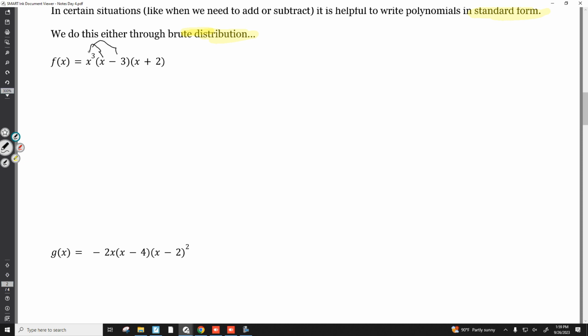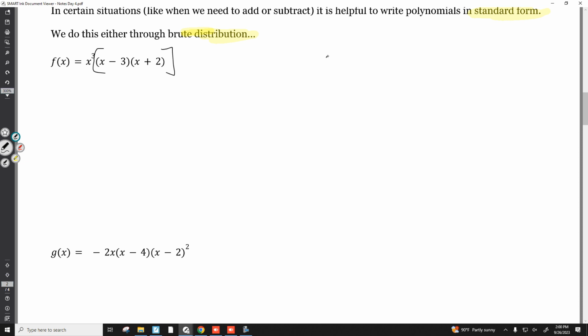A times B times C is not A times B times A times C. It says A times B times C. Okay? So, feel free to do that now or later. I'm going to actually do it later, and I'm going to focus on the distribution of x minus 3 and x plus 2.